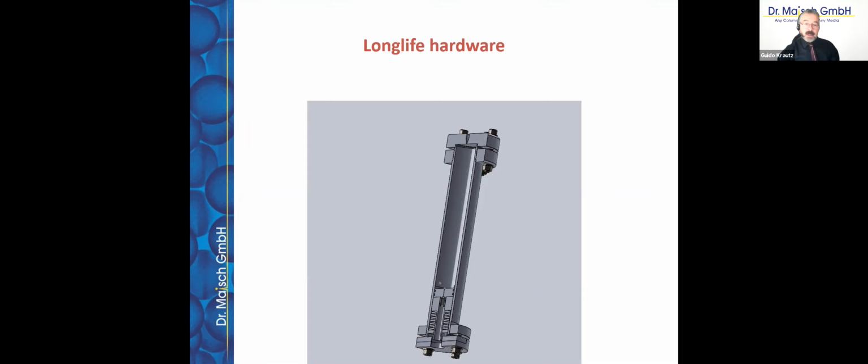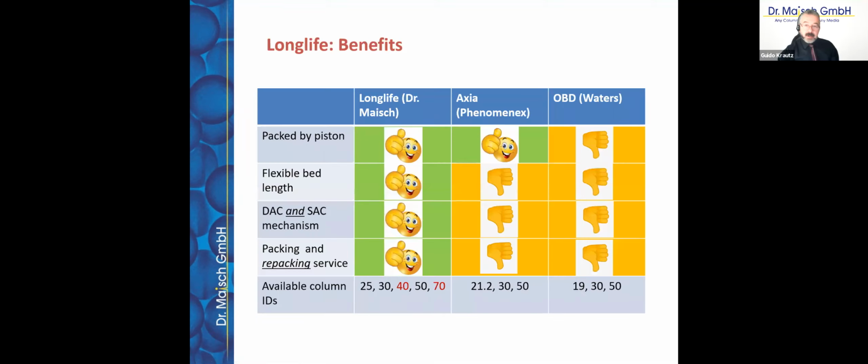Long life column hardware has a couple of advantages over columns of the competition, such as Axia from Phenomenex or OBD from Waters. The long life hardware is packed with a piston. It has a flexible bed length because we can adjust the piston in any position in the column.